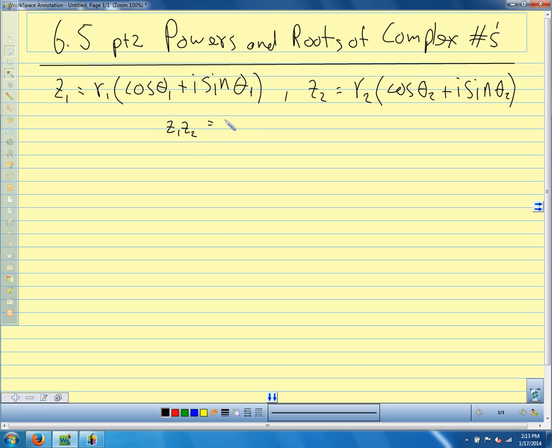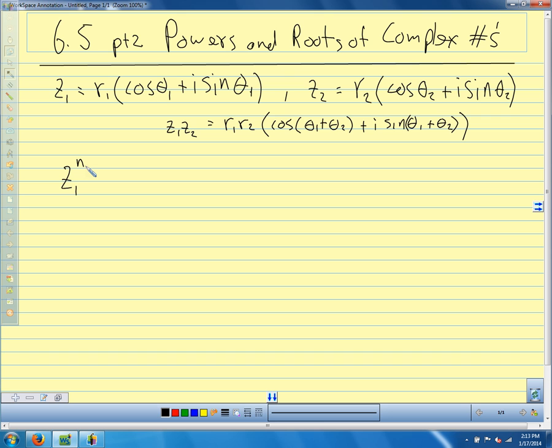It was r1 times r2, multiply the moduli, and add the angles. Made multiplication very convenient.